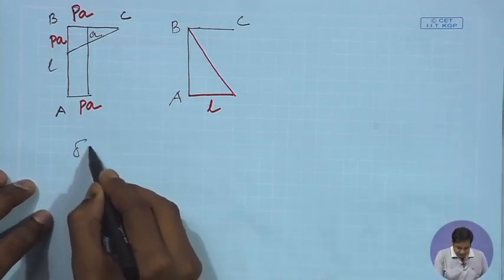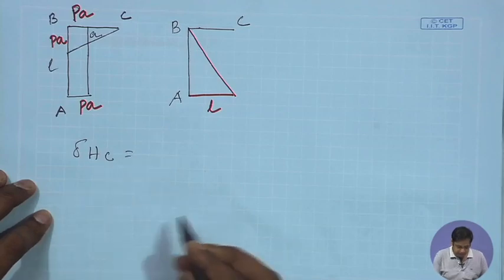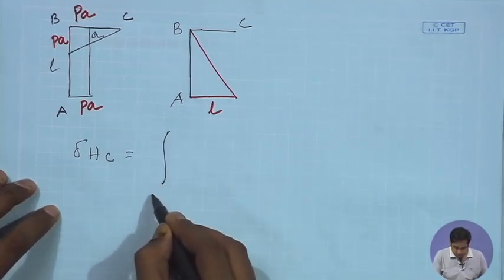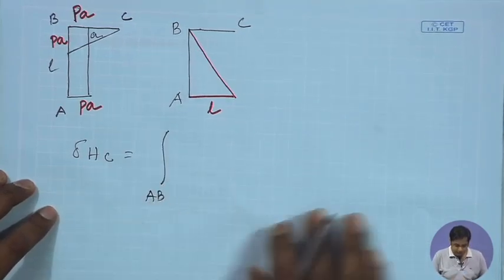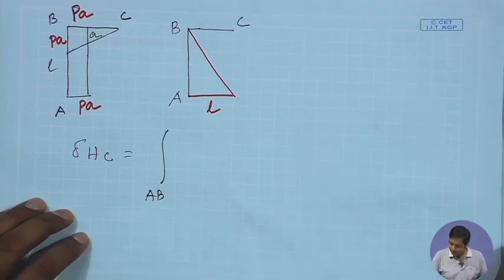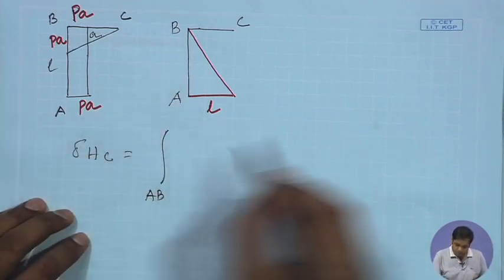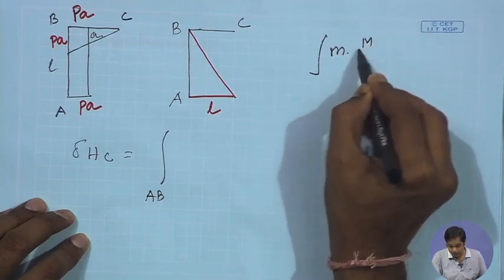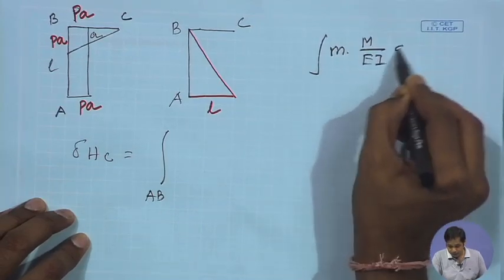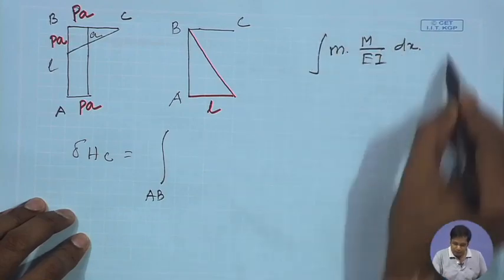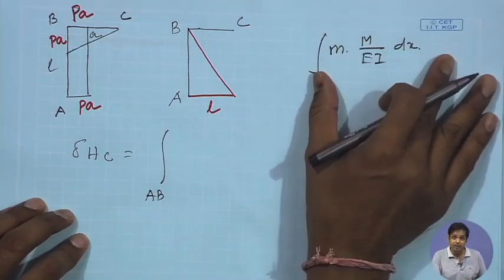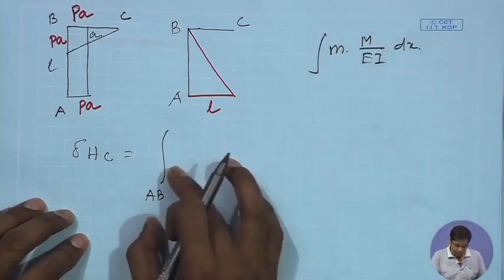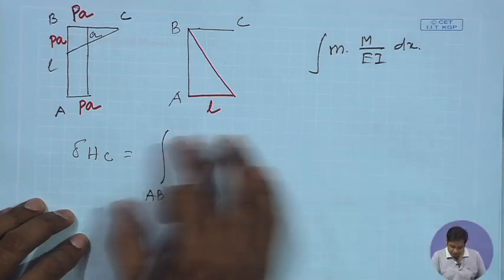Then delta AC will be first integration over AB, and that will be, we know, small m into capital M by EI into dx, integration over the entire structure. Now, this integration has to be done over AB and then BC and then sum them.